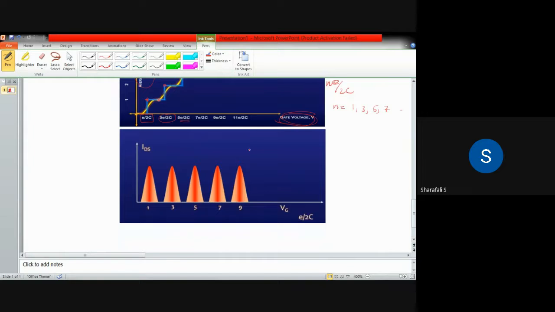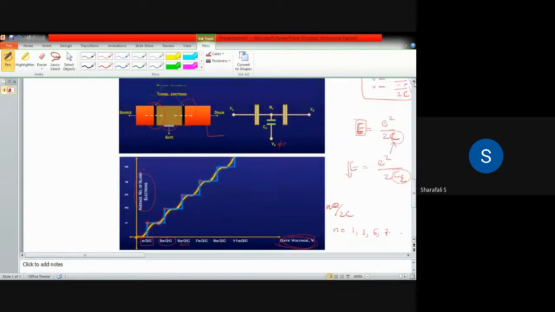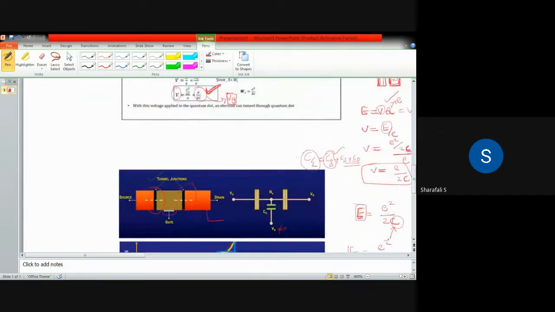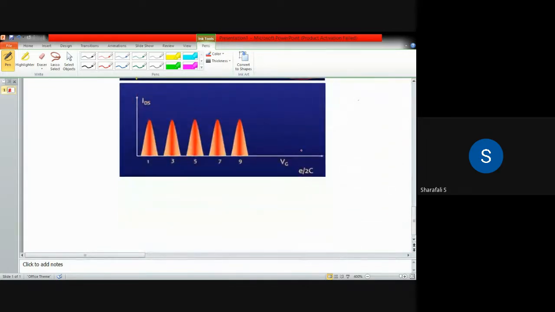Similarly, if you make the bias voltage less than the minimum voltage needed to transfer an electron from source to drain, that is E by 2C, in that case we'll get oscillations. Current will be oscillating with respect to this Vg, and that oscillation will be like this.